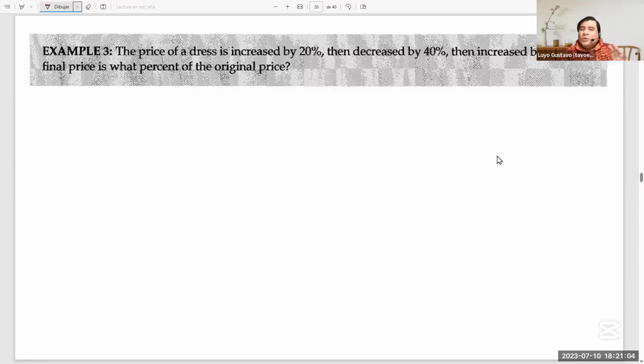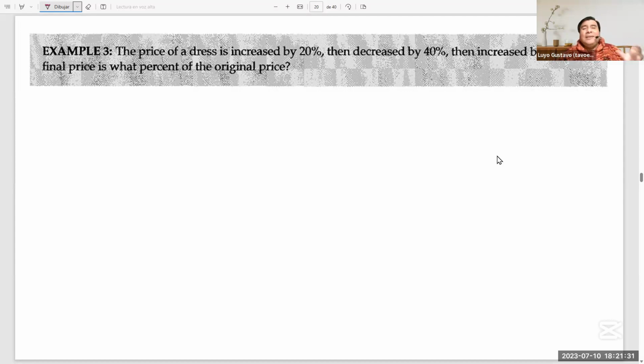So what can you appreciate in this question in particular? Something happens about increases and decreases, right? We see a series of consecutive percent changes applied over an initial amount. The price of some dress, we don't even know what the price of that dress is. But first, it's increased by 20%, then decreased by 40%, then increased by 25%.